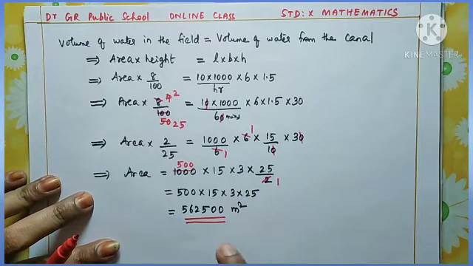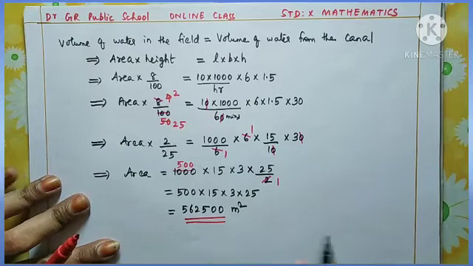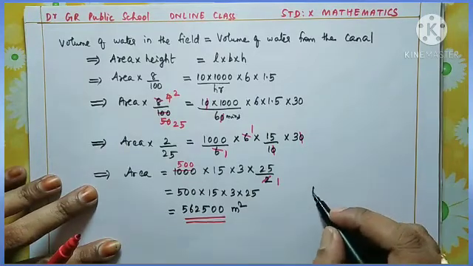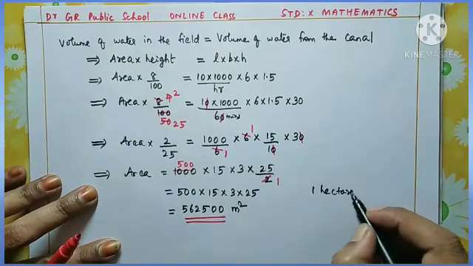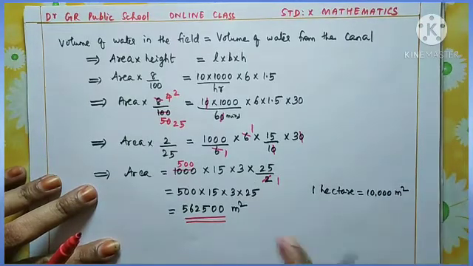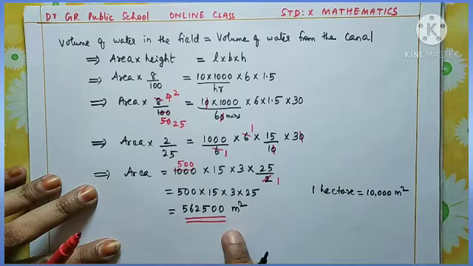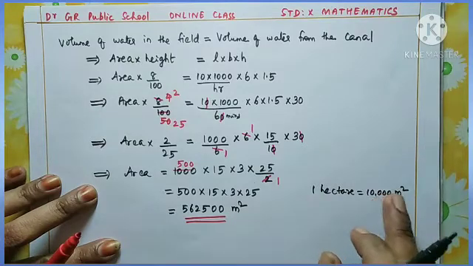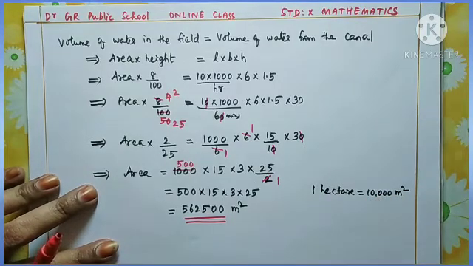So if you want to convert this in hectares, you know a conversion. 1 hectare is equal to 10,000 meter square. So when you convert meter square into hectare, you want to divide by 10,000.